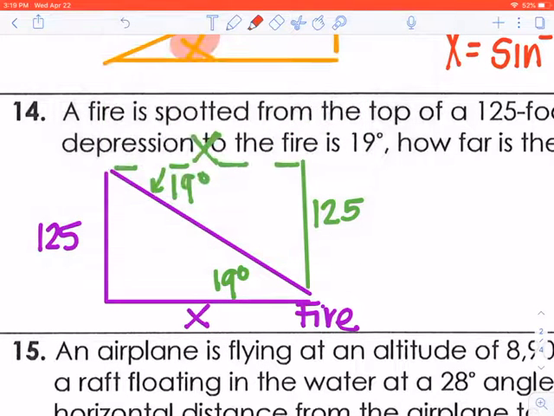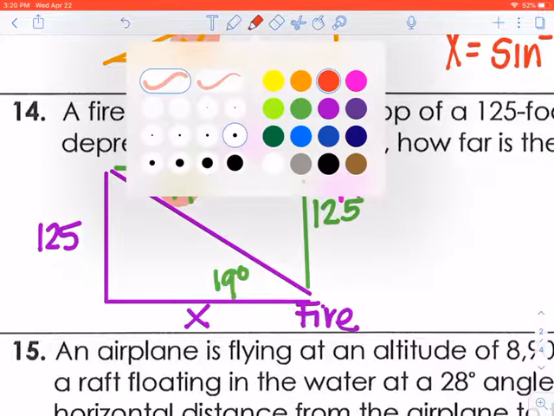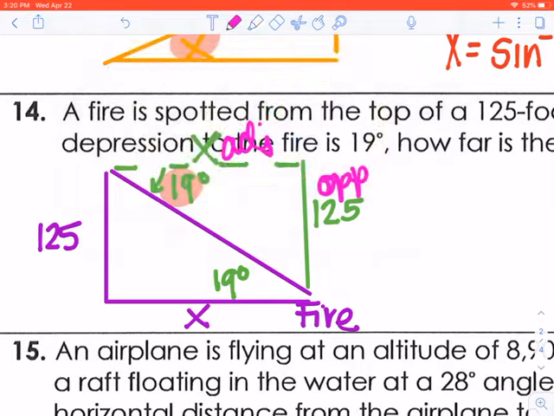So now as I start, I'm going to see 19 degrees. And I say this is the opposite and this is the adjacent, so I will be using tangent. If you use the purple triangle, then from this 19 degrees, again 125 is the opposite and x is the adjacent, and so I use tan.